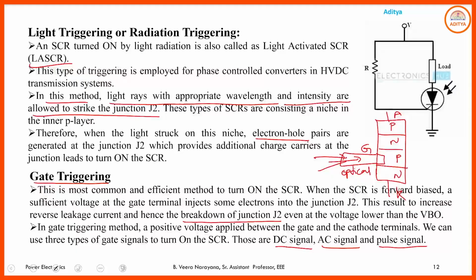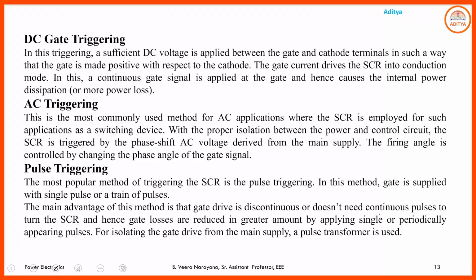In the gate triggering method, the voltage provided across the gate and cathode terminals of the SCR is called the gating voltage. We have 3 different gating signals that can be given to the SCR: DC gate triggering, AC triggering and pulse triggering. First we go through DC gate triggering.